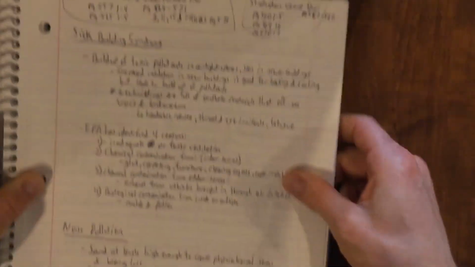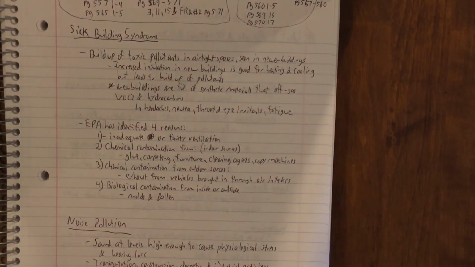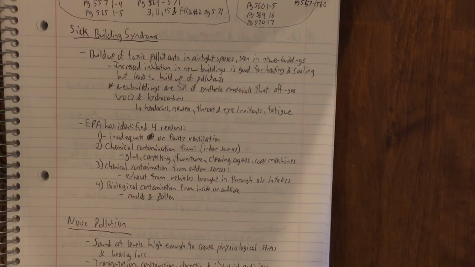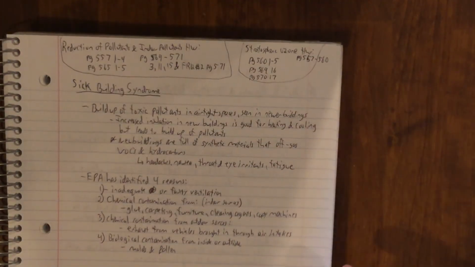Basically it says sound at levels high enough to cause physiological stress and hearing loss. That could be for us or animals. Effects on animals: stress, masking sounds they use to communicate or hunt, damaged hearing, changes to migratory routes. So obviously noise pollution is very minimal compared to everything we just learned and talked about. And that's it. All right.